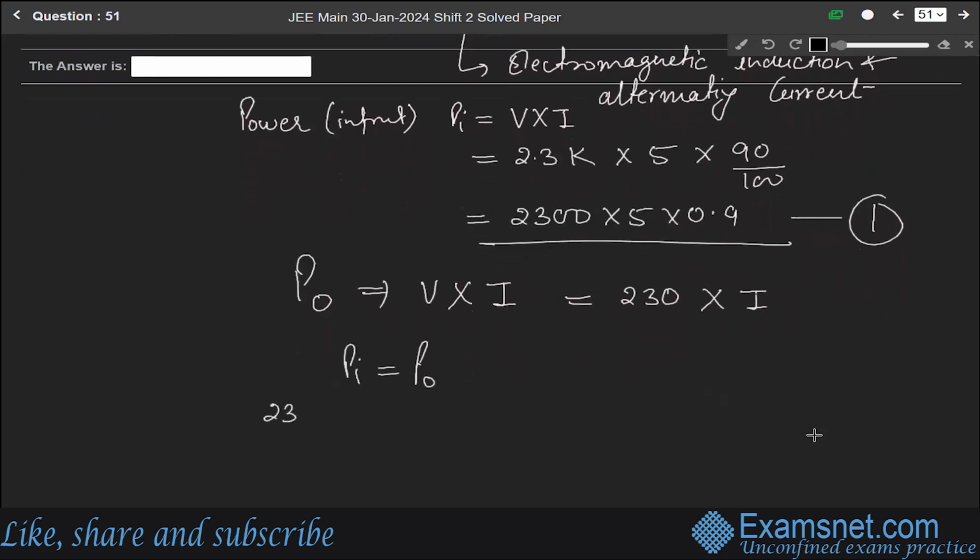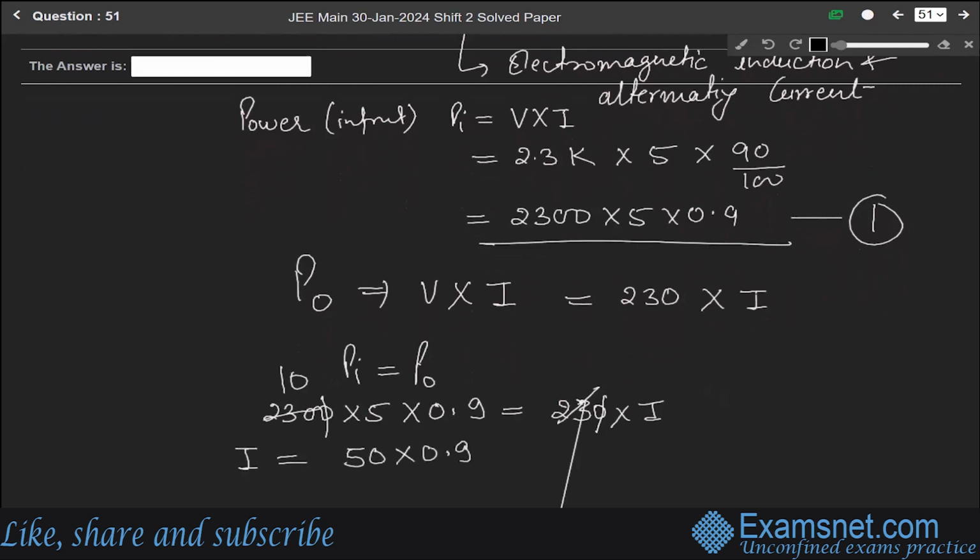So 2300 into 5 into 0.9 is equals to 230 into I. So I will be equals to, 0 cancels, 23 10. So 10 into 5 into 0.9, it will be equals to 45 ampere. Okay, current will be 45 ampere.